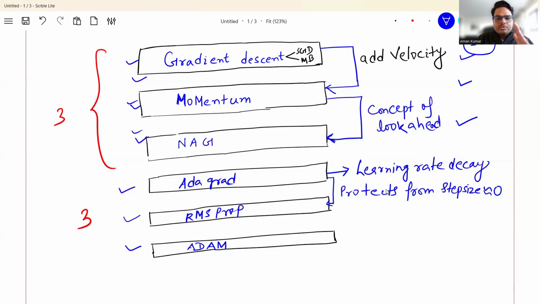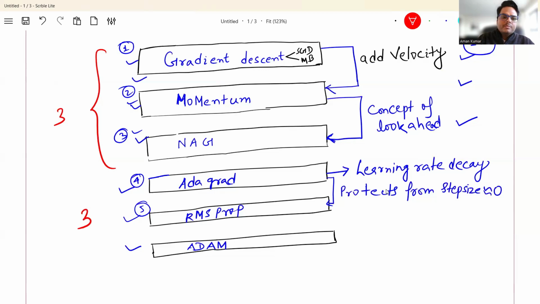And from the concept of learning rate decay or weight decay, we are able to adjust the step size properly. We have seen the first optimizer, second, third, fourth, fifth optimizer. What we are doing in Adam is taking the best of all these and combining it and calling it Adam.